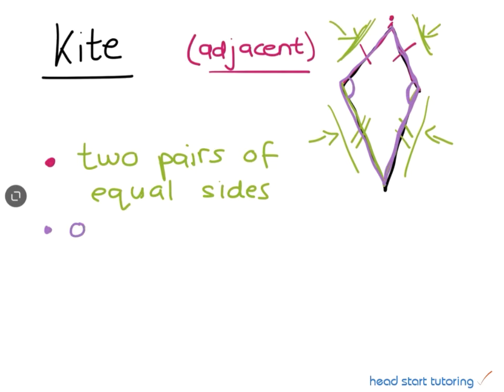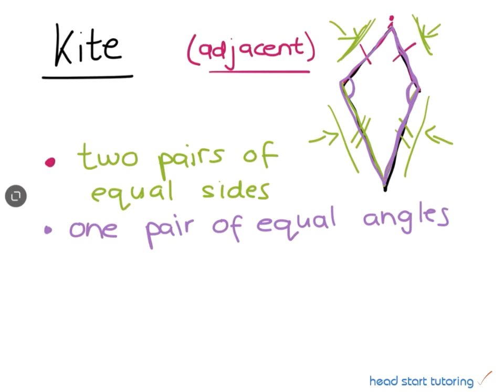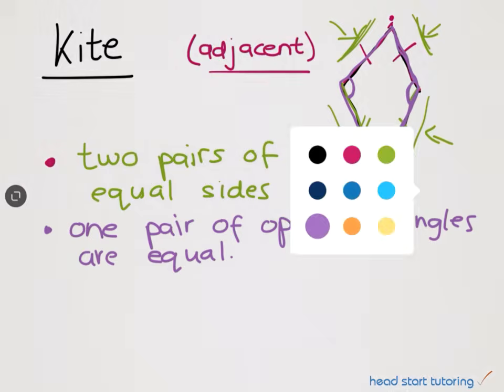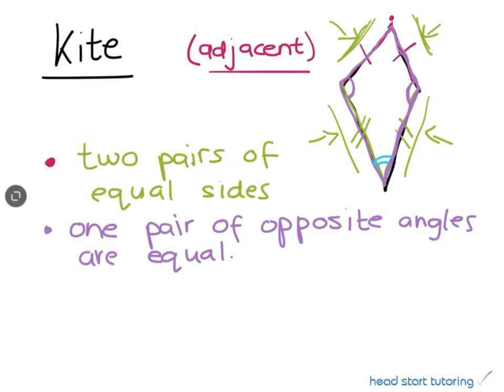So we have one pair of equal angles. So let's rather say one pair of opposite angles are equal. Right, and that is because these two angles here are not equal to each other, and they are not necessarily equal to these angles on the side either.